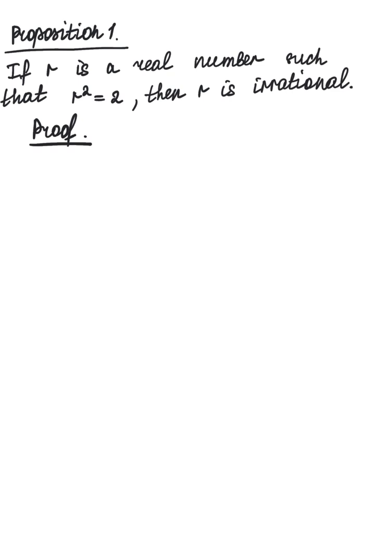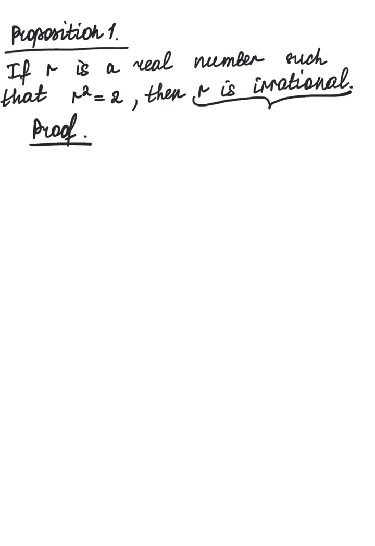It is important to note that we can rewrite the conclusion of proposition 1 to read r is not rational. In this form, the appearance of the keyword not suggests using the contradiction method.